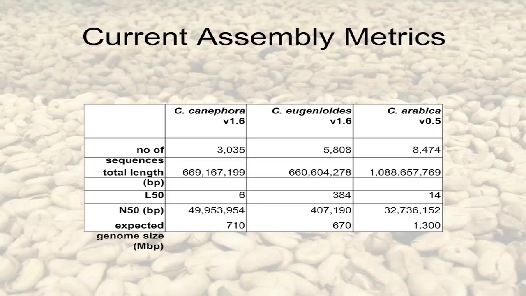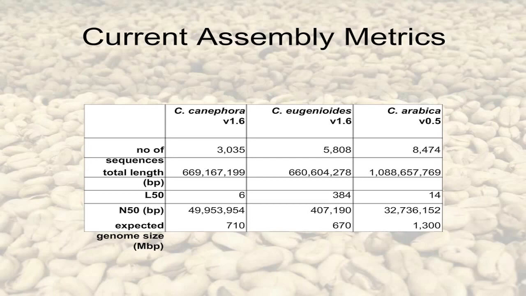So you see here, these are the results from the Hi-C scaffolding. Basically what happened here, we sent canephora and Arabica. We unfortunately didn't have any more eugenioides samples to send to do Hi-C. So that one stayed the same. That's why it looks considerably worse than the other two.